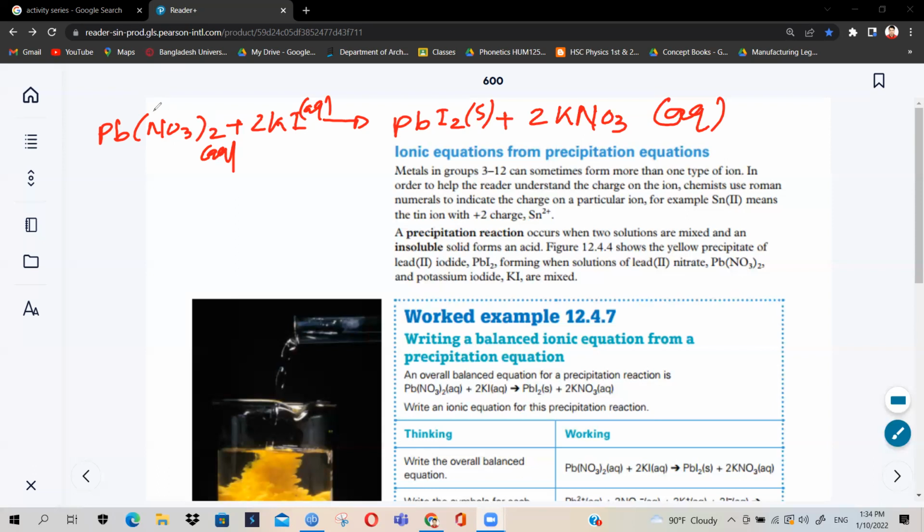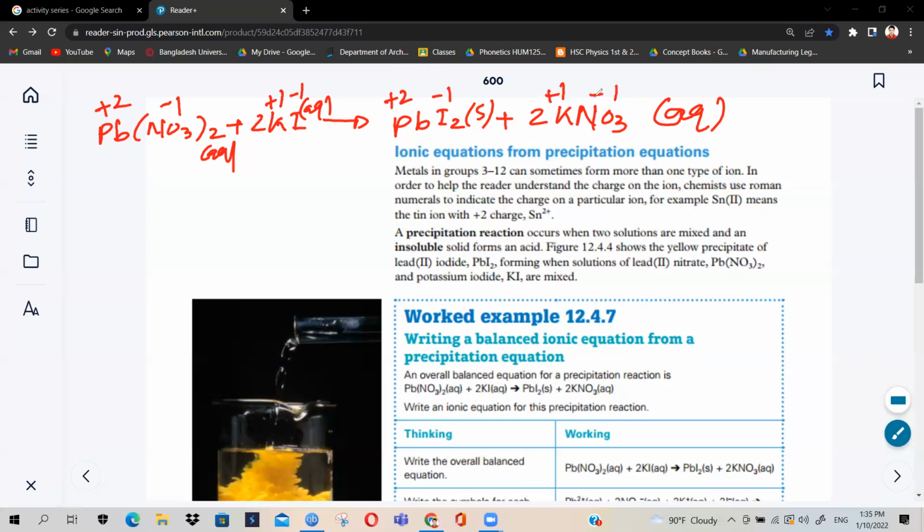I'm guessing that would be +2. +2, right? And another ion? The nitrate will be -1. -1. Very good. And in this way, +1 and -1 as well. Again, in the right side, we will get +2, -1, and then +1 and -1.